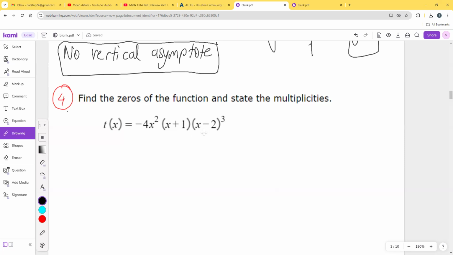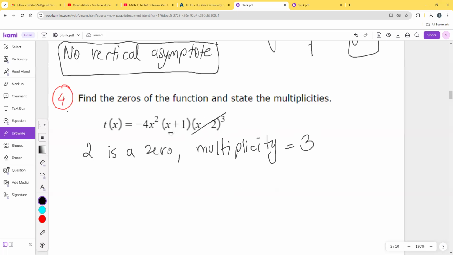Does x minus 2 give me any 0? 2, good job. So 2 is a 0 with a multiplicity of 3, because the exponent associated with this factor is 3. Okay, we're done with this one. x minus 2 is out of the game.